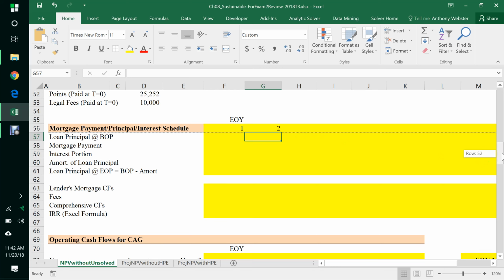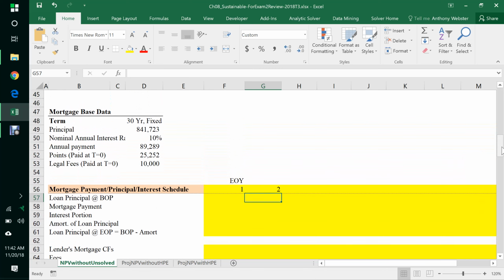And now I need to know something about the mortgage terms. So it's a fixed rate, fixed pay, amortizing mortgage. So I need to know the term. The term is 30 years.